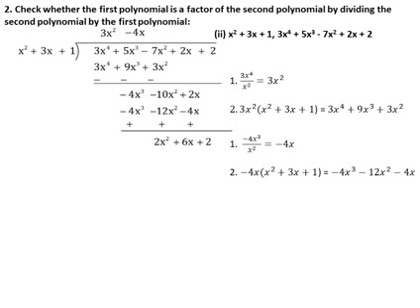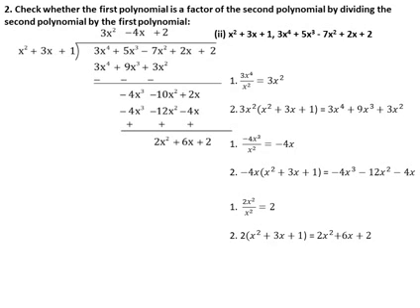Now we have to compare the dividend and divisor. Now 2x square has to be divided by x square. If I cancel the x square and x square, you will get 2. Write it in the quotient. Now 2 has to multiply with the divisor: 2 into x square plus 3x plus 1. If I multiply, you will get 2x square plus 6x plus 2.